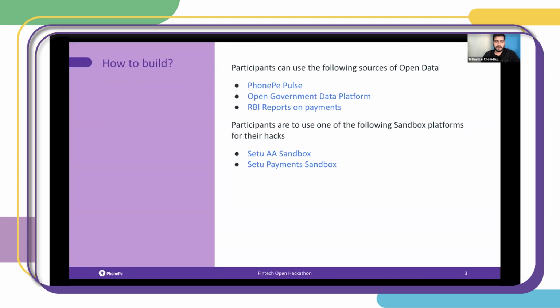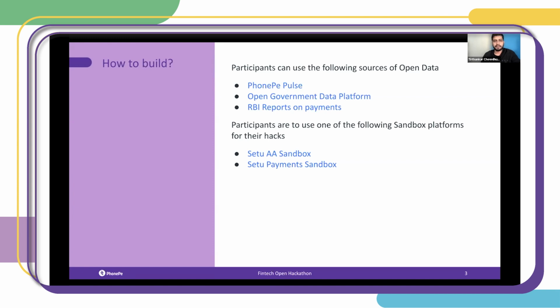So basically, as you must be knowing, PhonePe is actually the market leader in terms of UPI payments. We actually have 46% of UPI market share. Make our data open for the ecosystem to use.